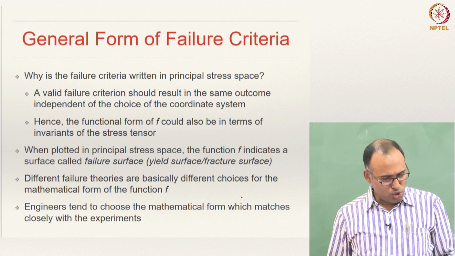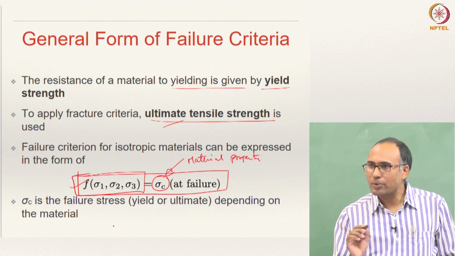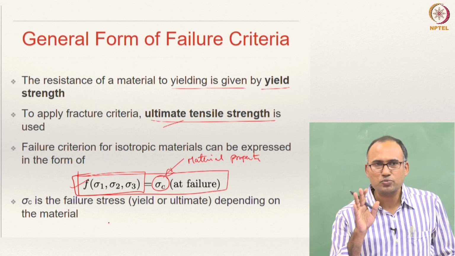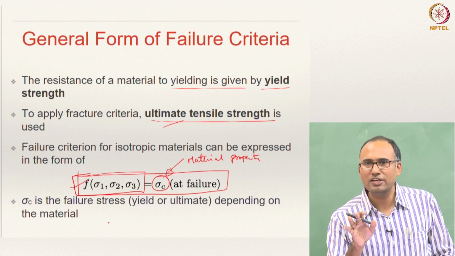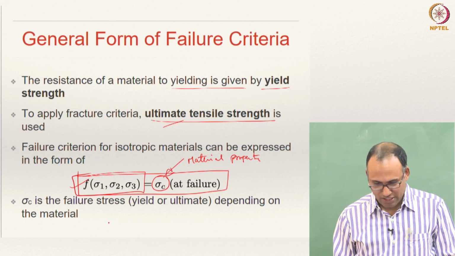And usually, the failure criterion is written in principal stress space. You are familiar with the concept of principal stress or not? How many of you are not familiar with the concept of principal stress? Good, everybody is familiar.